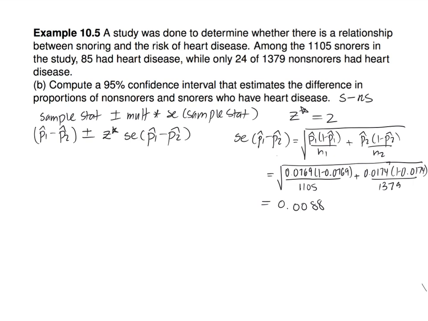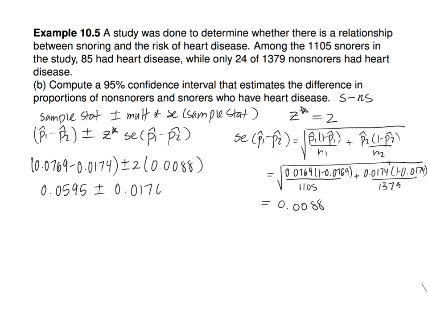Now we know all we have to know. P1 hat minus P2 hat is 0.0769 minus 0.0174, plus or minus 2 times 0.0088. 0.0769 minus 0.0174 is 0.0595, plus or minus 2 times 0.0088, which is 0.0176.